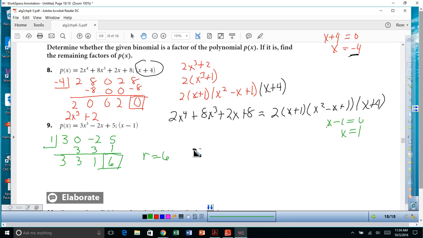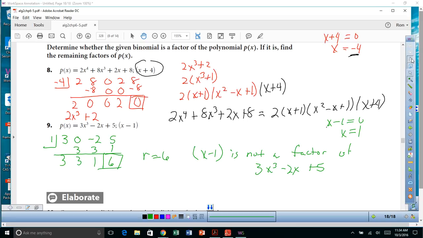So x minus 1 is not a factor of 3x cubed minus 2x plus 5. All right, good. That's good news. That means you're done with that.